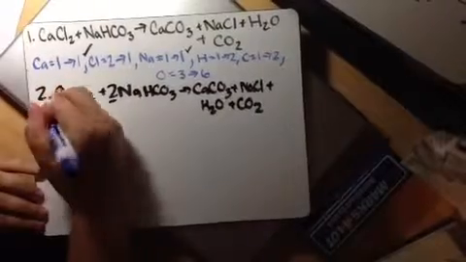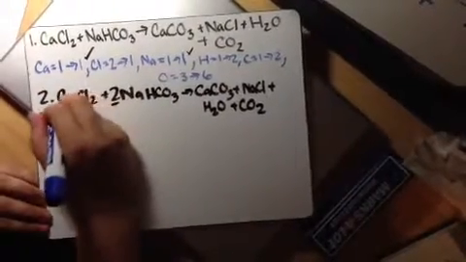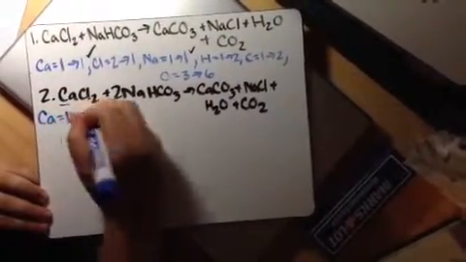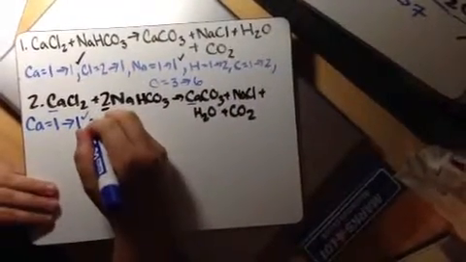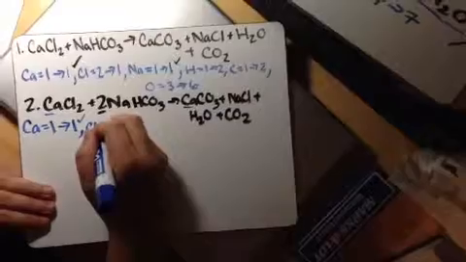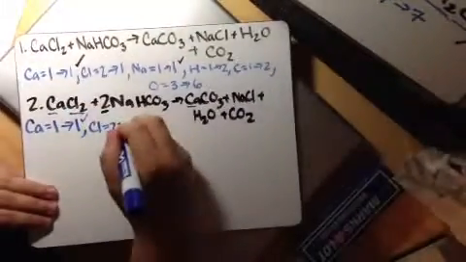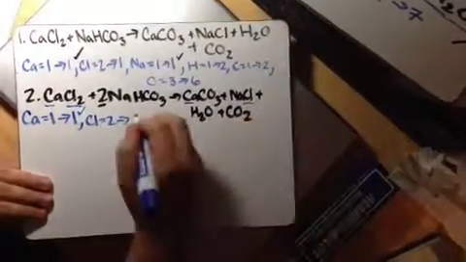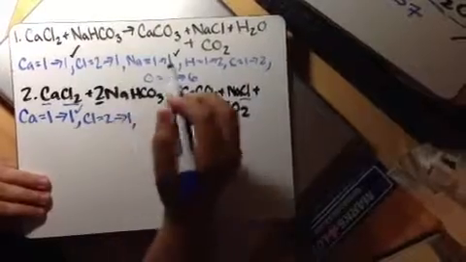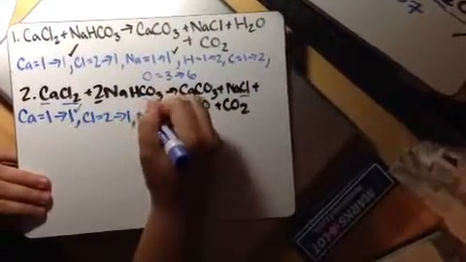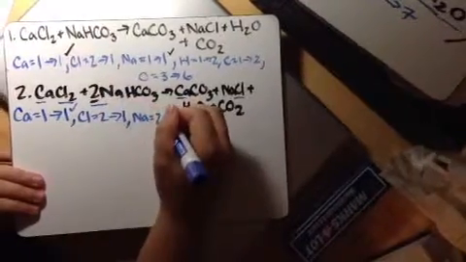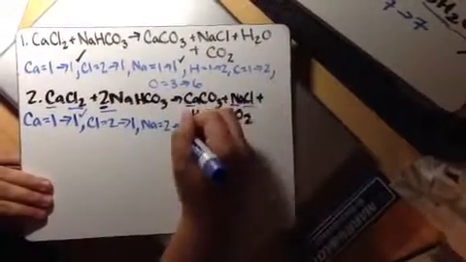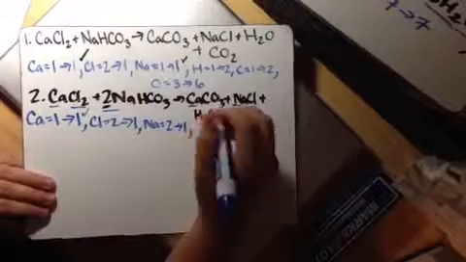So Ca is 1 to 1 still, so that's still good. Cl equals 2 to 1, so that still needs to be fixed. We've got Na, which is now 2 to 1, so that's changed.